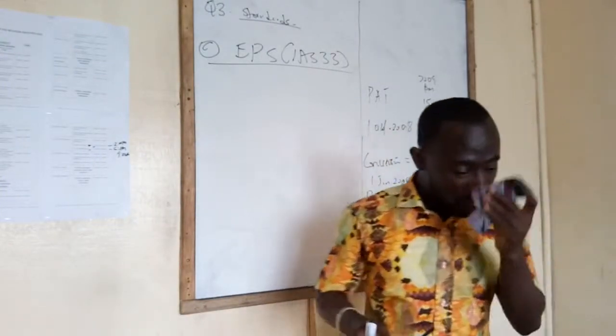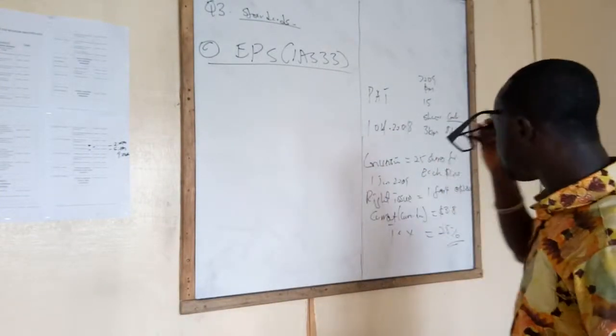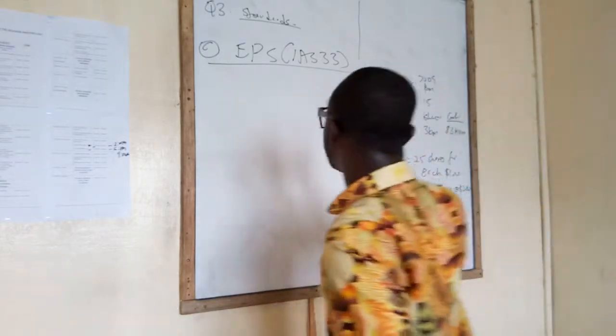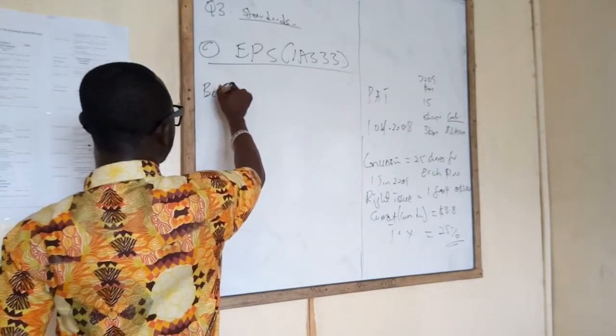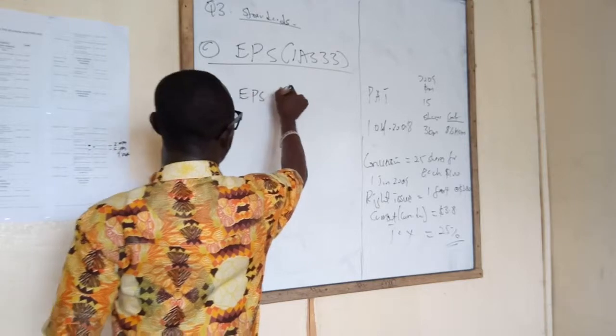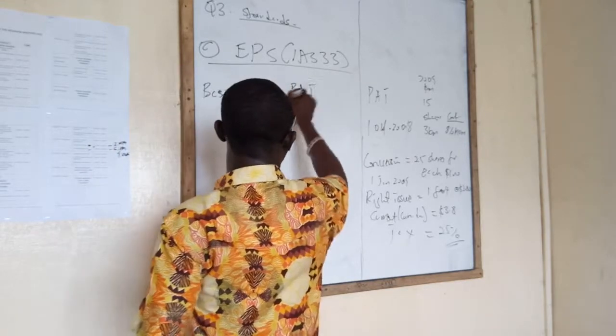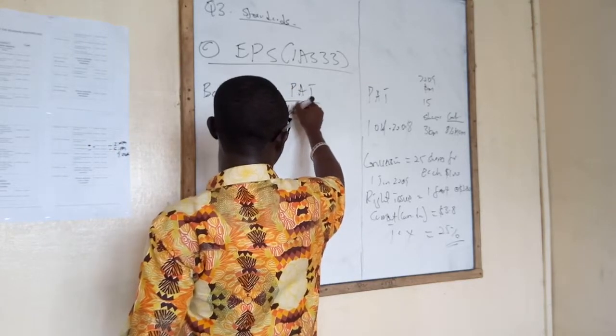He said we should calculate the basic earnings per share. So if we are calculating basic earnings per share, what do we do? Basic earnings per share equals the profit after tax over the number of shares outstanding.